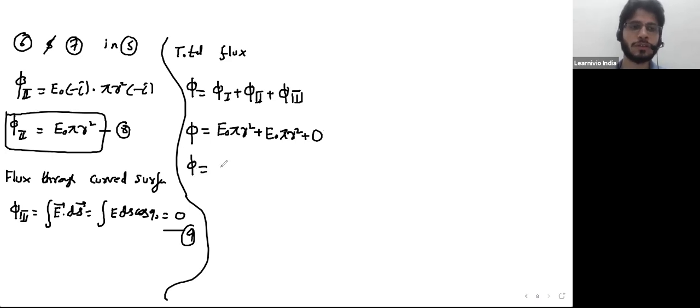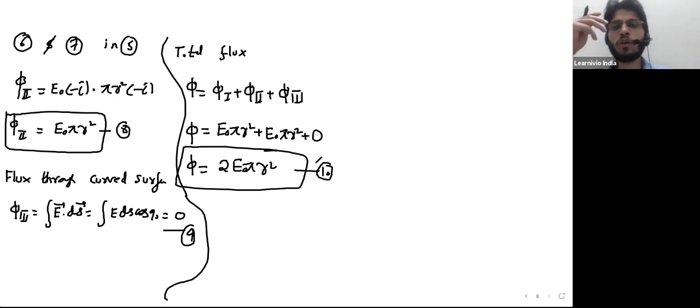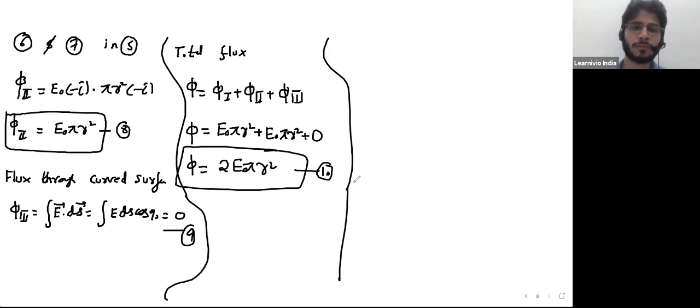So the total flux is 2 E naught pi r square. That's equation number 10. Okay, Abdullah, if I ask you to calculate the charge enclosed by the cylinder, how will you calculate it? Sir, phi is equal to Q enclosed by epsilon.